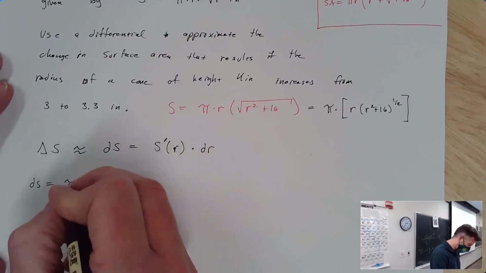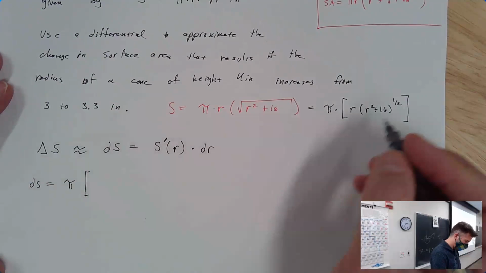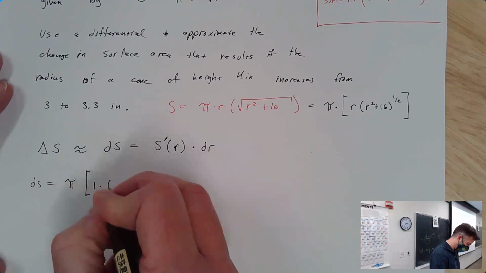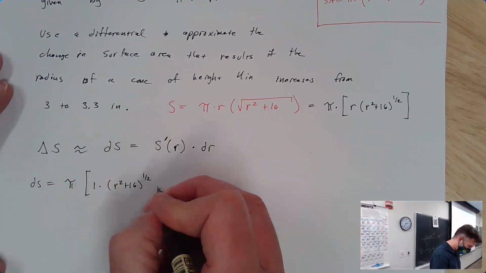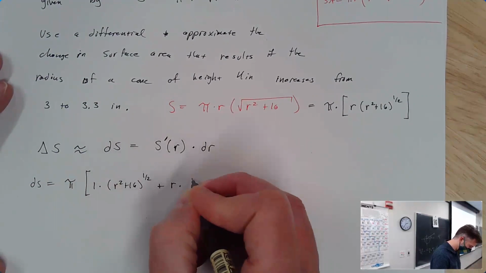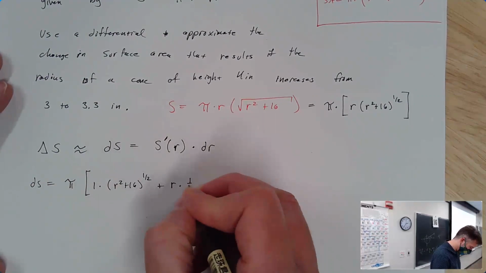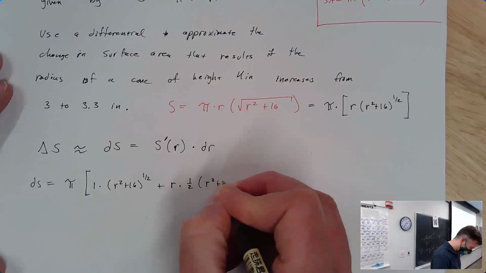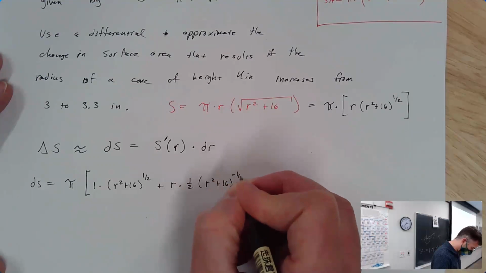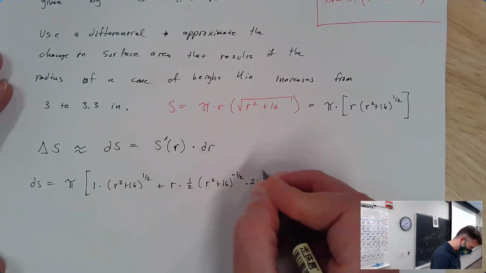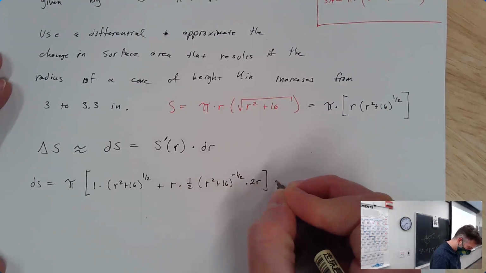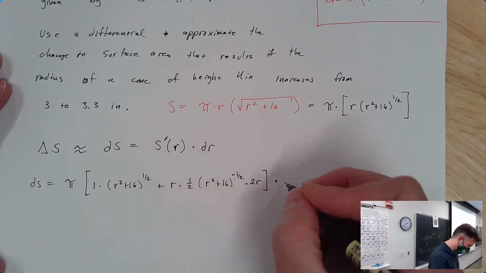Okay, I've got a pi. And then the derivative of that's going to be 1 times r squared plus 16 to the 1/2 plus r times the derivative of that, which is 1/2 times r squared plus 16 to the negative 1/2 times the derivative of the stuff inside, which is 2r, times dr, or delta r.